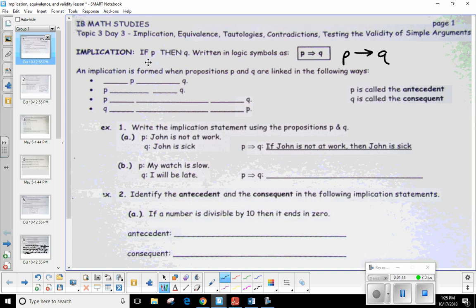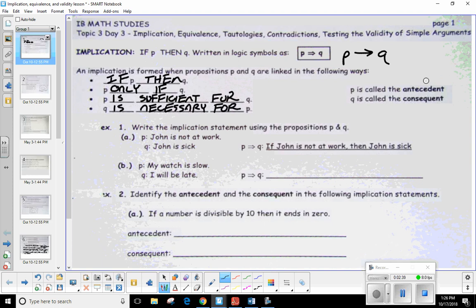So the most obvious one that occurs a lot is going to be if P, then Q. And then we can also say P only if Q, then P is sufficient for Q, and Q is necessary for P. So if P then Q, P only if Q, P is sufficient for Q, Q is necessary for P. Now each of these, we know we're dealing with propositions, but we can call them each a specific name.